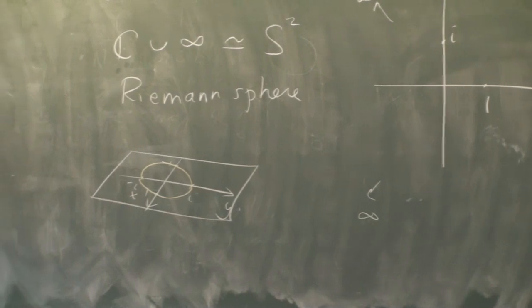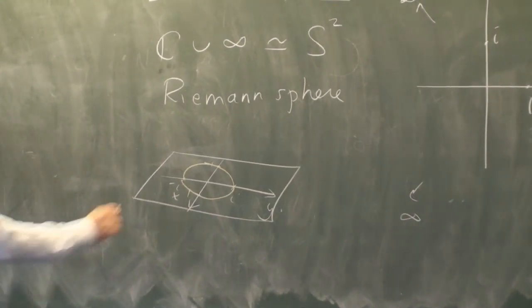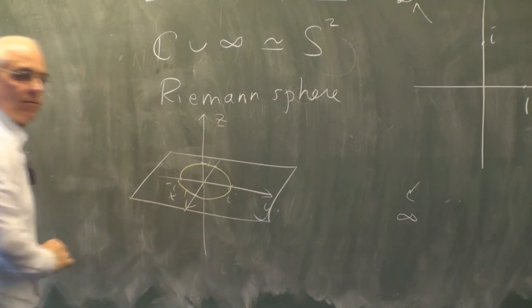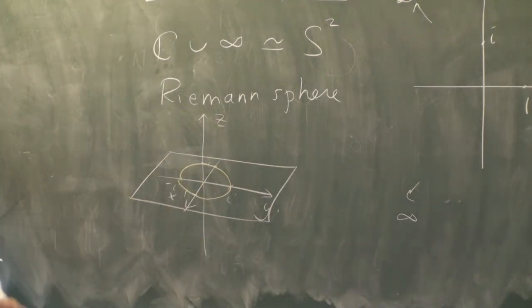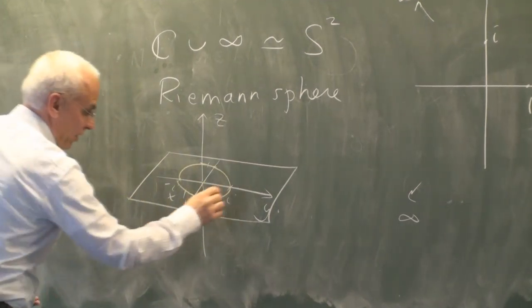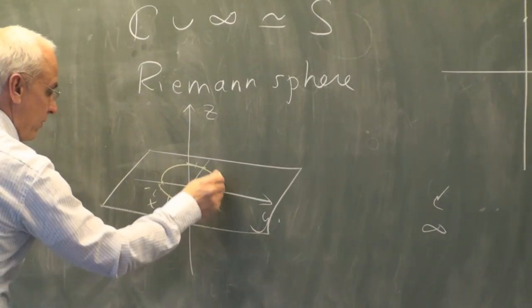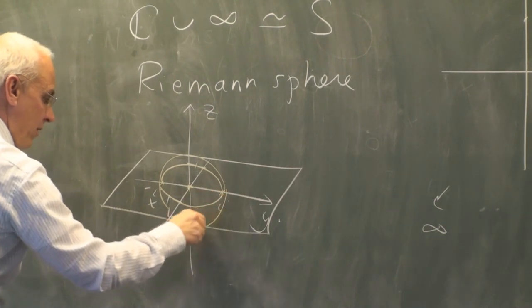And what we can do is stick that all in three-dimensional space by introducing another axis, say the z-axis, and introducing the sphere, which is centered at this point. Okay, so now we're talking about the sphere.